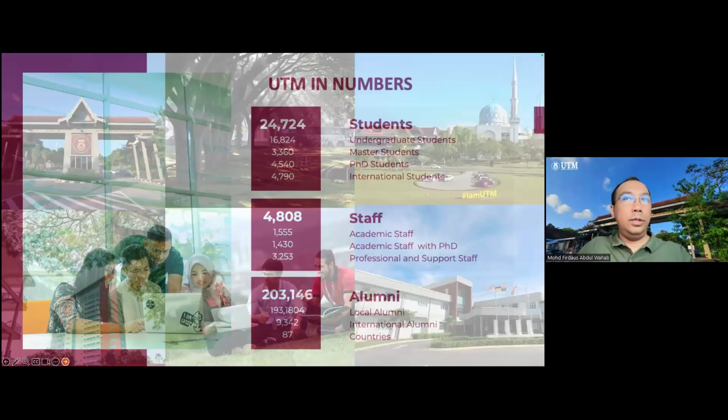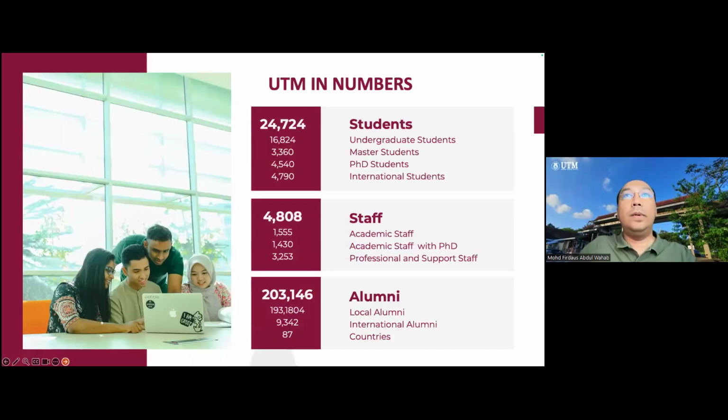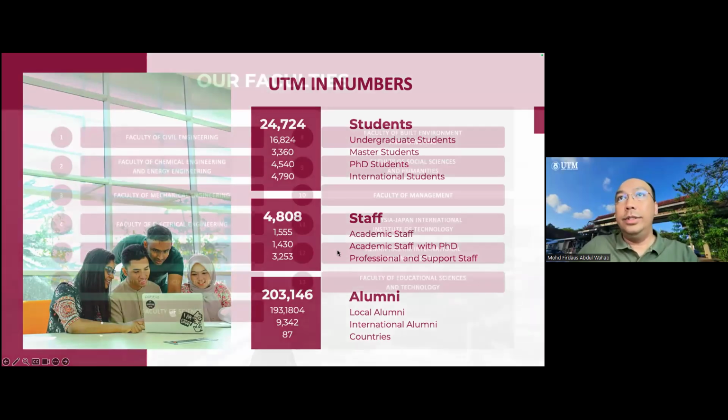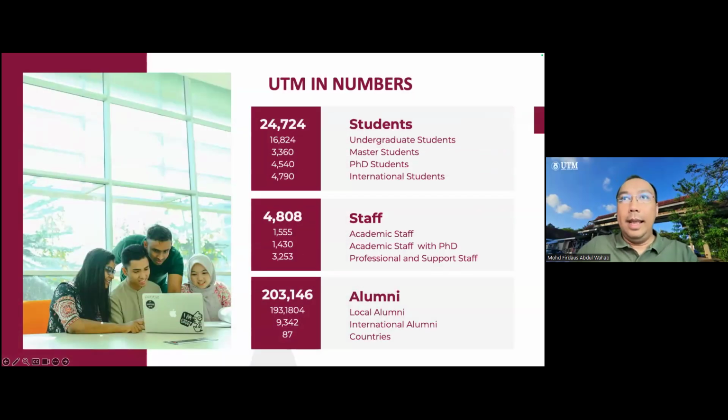And some more information about UTM in numbers. We have about 24,000 students. 16,000 of them are undergraduates, 3,000 masters, about 4,000 PhDs, and we have about 4,700 international students. And for staff, we have around 4,800.